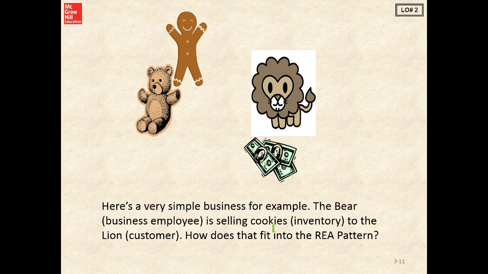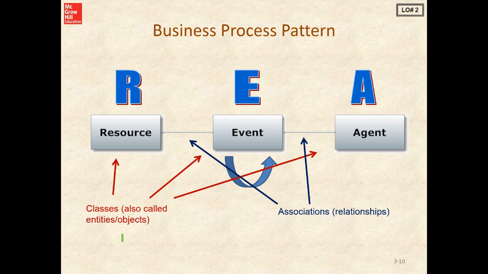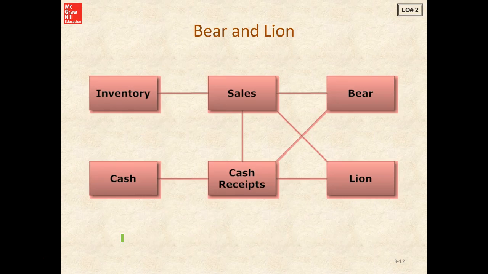The bear, an employee, is selling cookies, the cookies being inventory, to the lion, being the customer. How does that fit the REA, which of course is the resource event agent pattern? So we have the inventory being the resource, the sales being the event that's going to happen, there's the association, and then the bear being the agent.